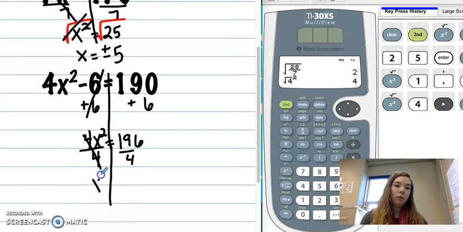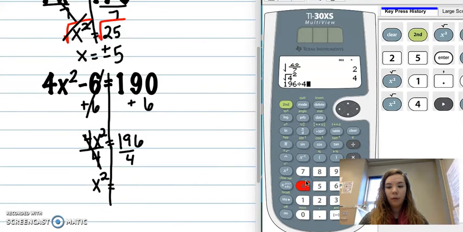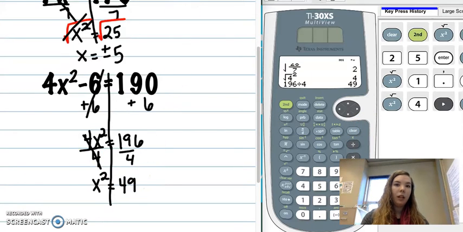So you have x squared equals, I'll type that in over here, 49. And then lastly, you'll square root. So now you just have x equals positive and negative 7.